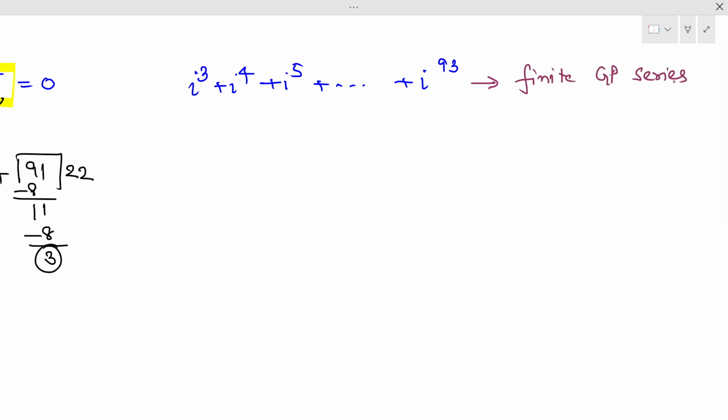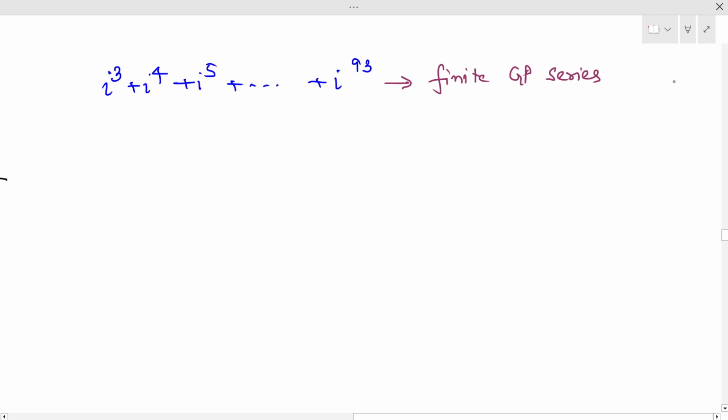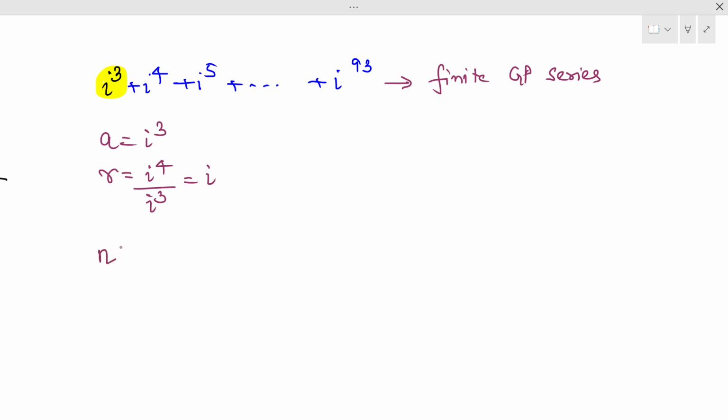So what's its first term? The first term is i³, that means here a is i³. What is the common ratio? That's i⁴ by i³, which is i, right? And how many terms are there? 91 terms are there, right?